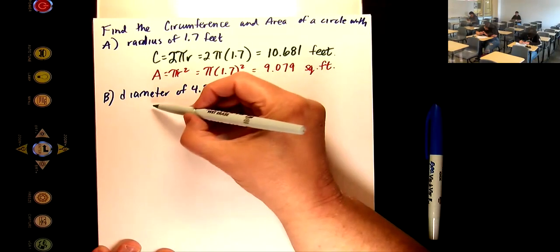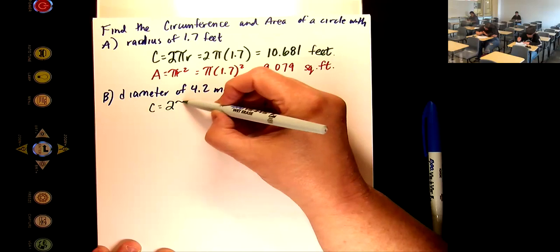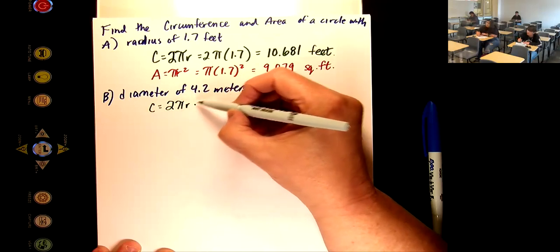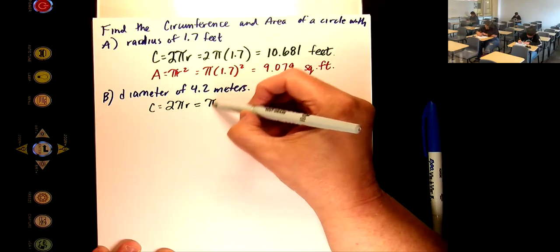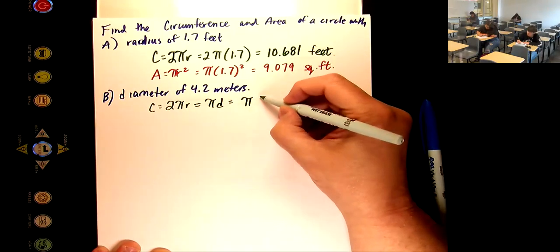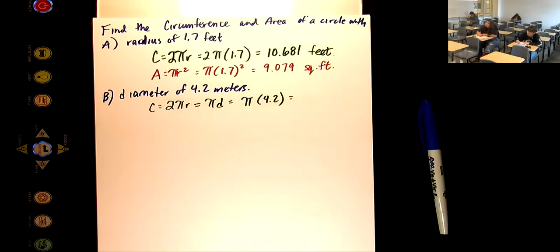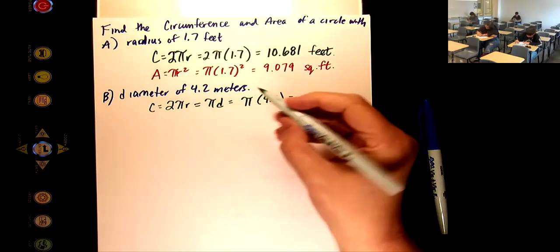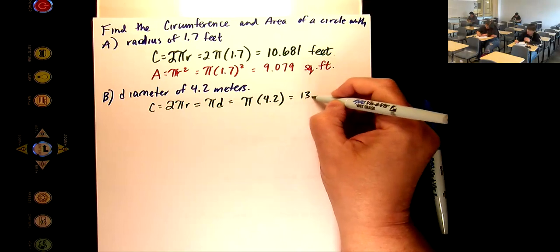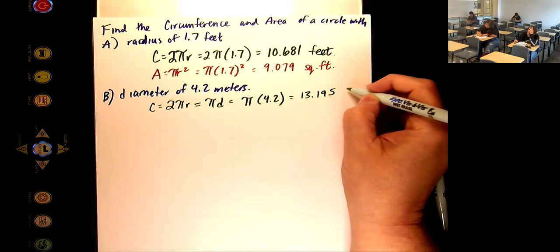So if I want to do the circumference here, I can either use 2 pi r or pi times d. And I already have d, so I'm going to just use that one for now. Pi times 4.2. And I'm getting 13.19, round up to 5 meters.